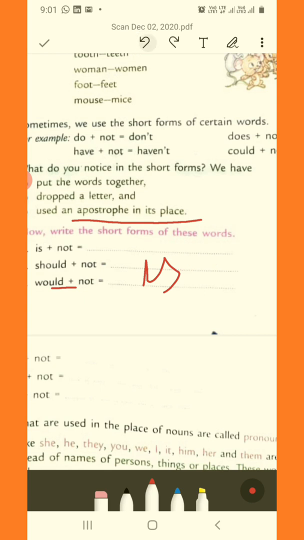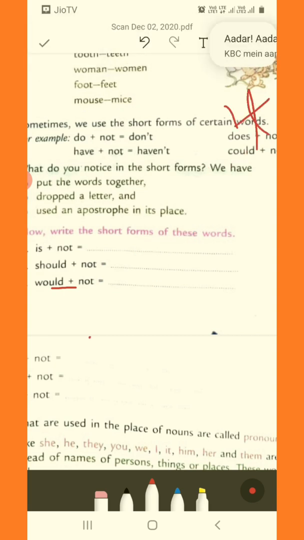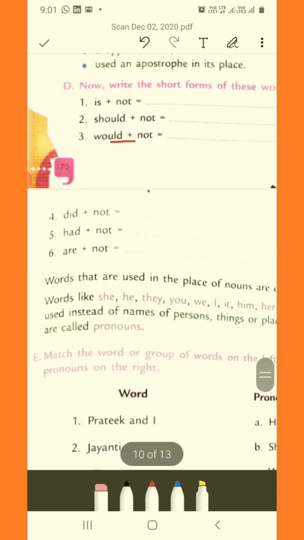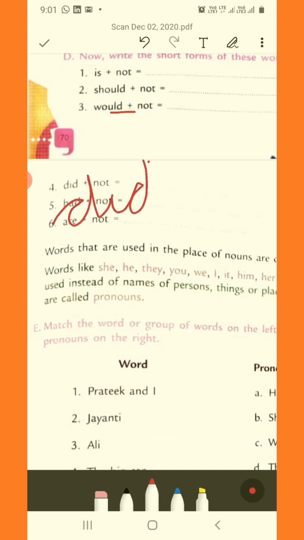Wouldn't, W-O-U-L-D-N and apostrophe T. Did not will be didn't, D-I-D-N and apostrophe T. Had not, hadn't. Are not, aren't. Okay.